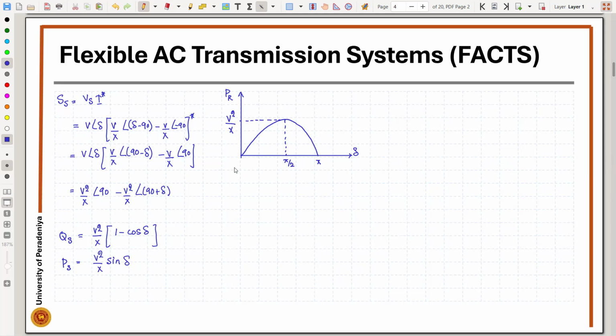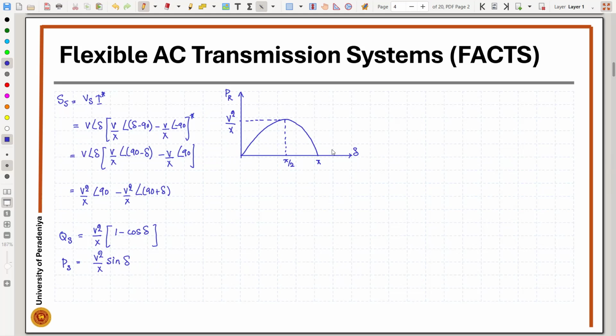So delta can be changed accordingly. So this is what happens if we consider a normal line where we have the sending and the receiving end. So our power transfer capability is limited to this arrangement.